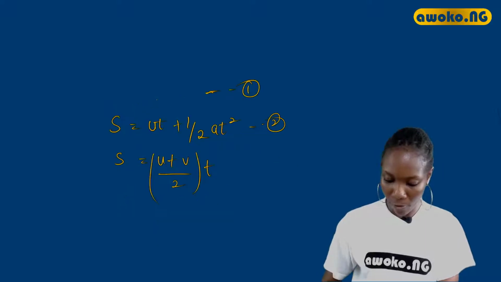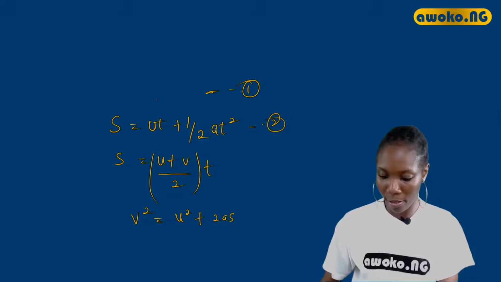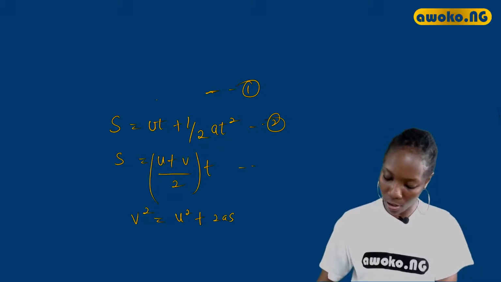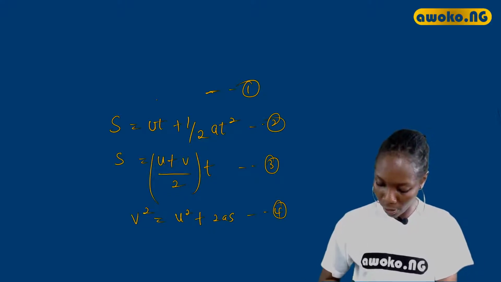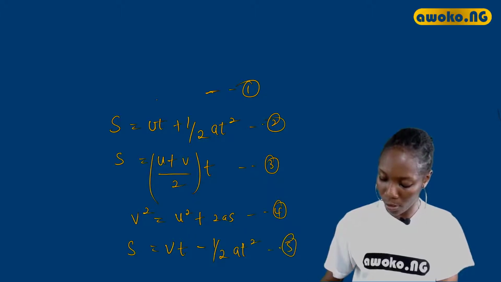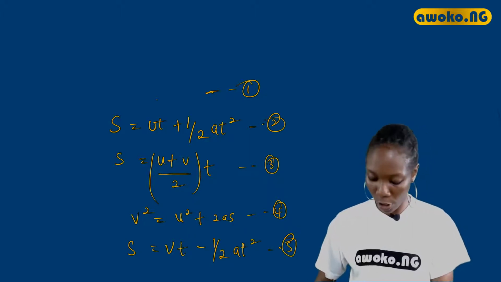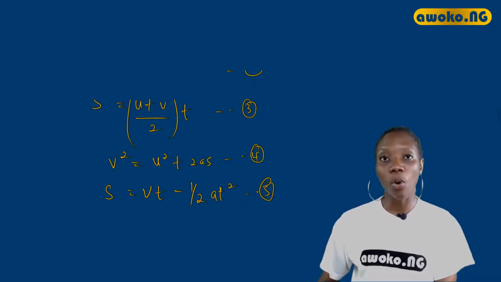So we also have v squared equals u squared plus 2as. Okay, this is 3, this is 4, right? Then we have the last one, s equals vt minus 1 over 2 at squared. So this is 5. So these equations of motion, you can use them to solve questions.